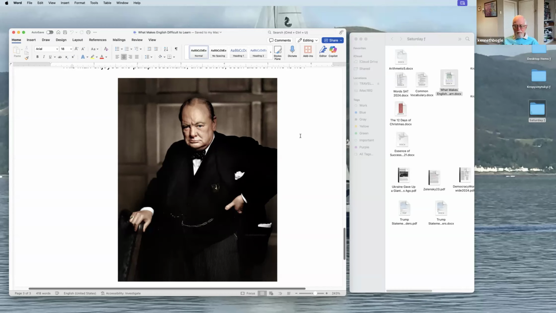He became very famous because of his actions and the way that he worked closely with President Roosevelt in the United States and essentially made the link to bring the United States into the Second World War and save England from being decimated by the Germans.